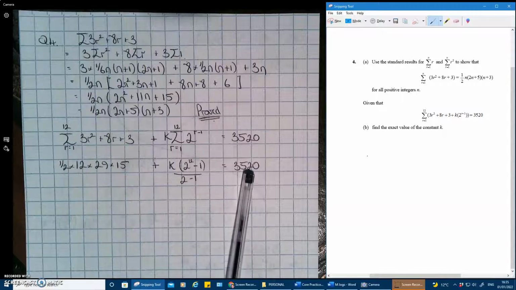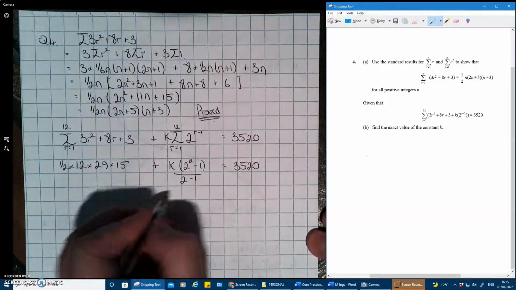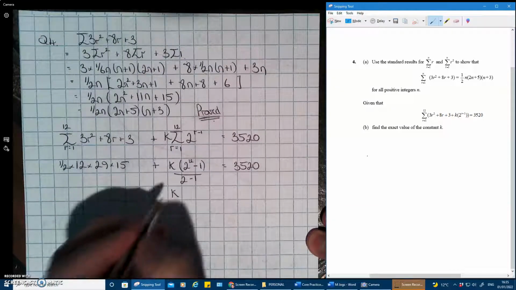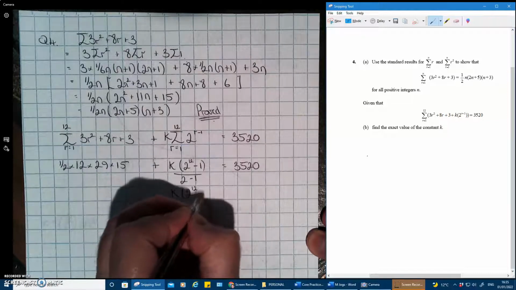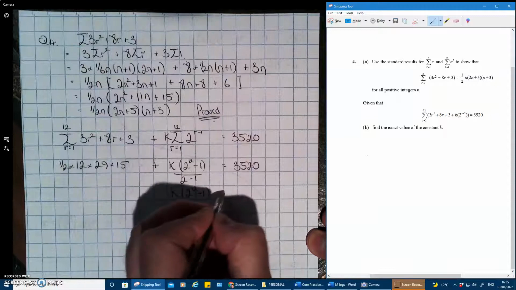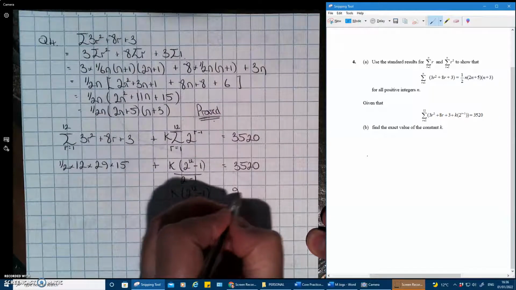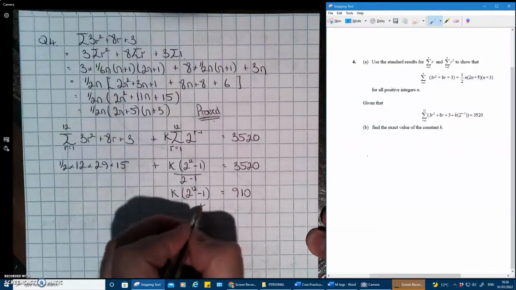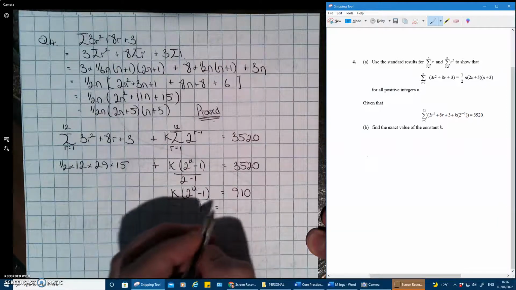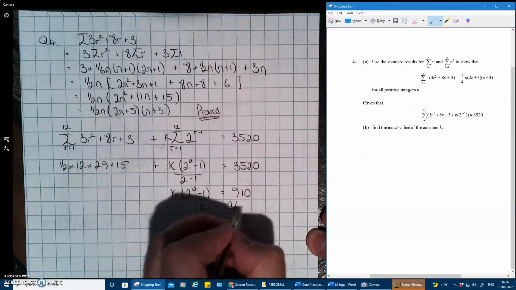If I take that away from this, I get k times 2 to the 12, take away 1 over 1, equals 910. And then just divide it, I get k equals 2/9.